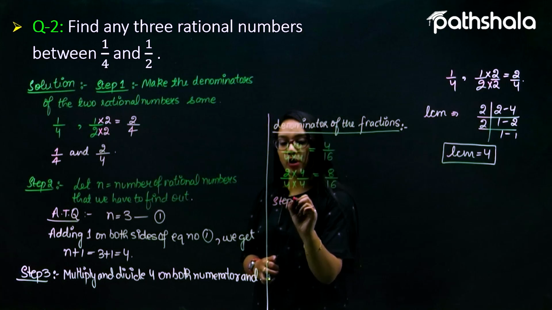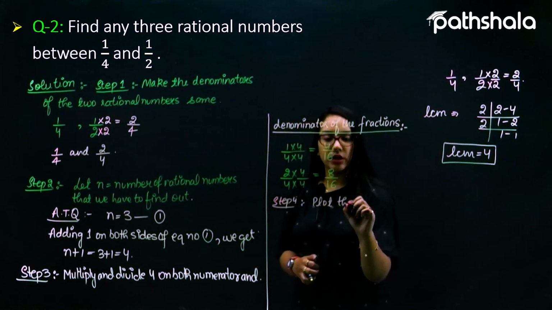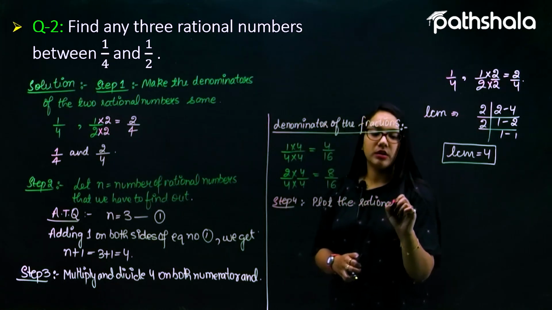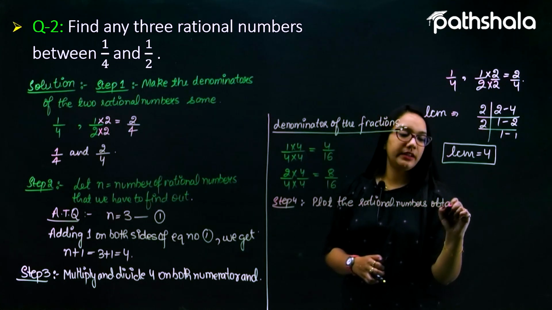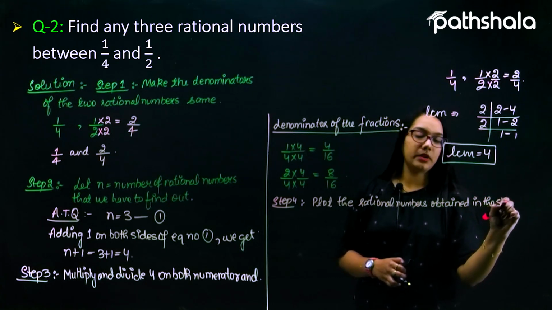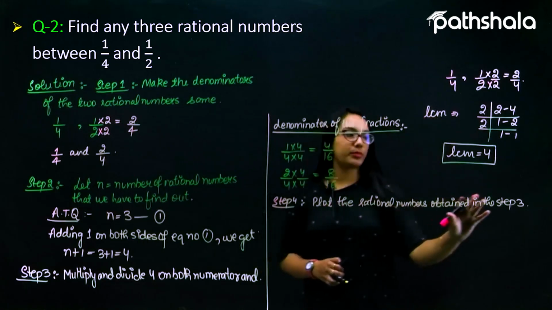number 4, now we will plot the rational numbers obtained in step 3.